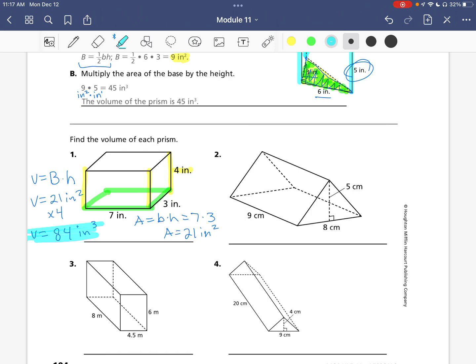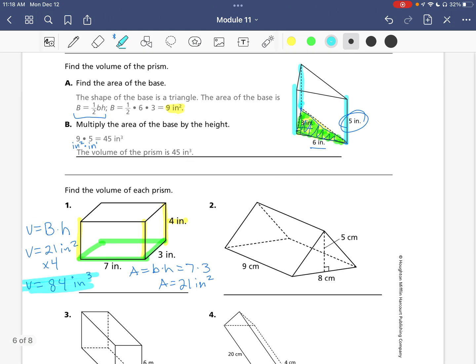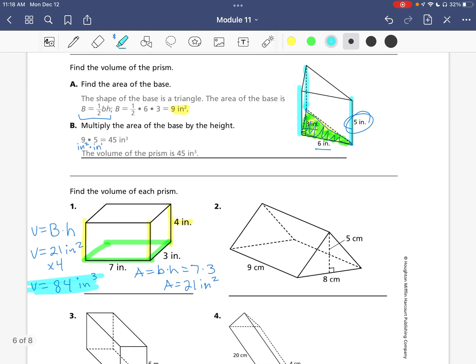All right, our next one. This one's a little tricky because just like our first two, we have to be able to have a base that's the same as it goes up through the object. So let me try and show you here. So here we have our base. That's our rectangle, and as it moves up, or as we do layers, it's the same shape as it goes up.